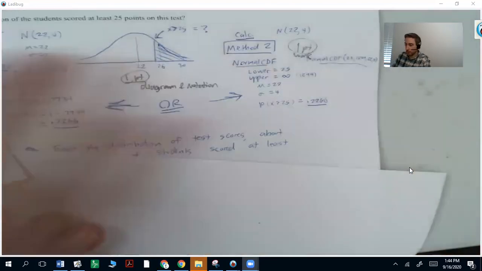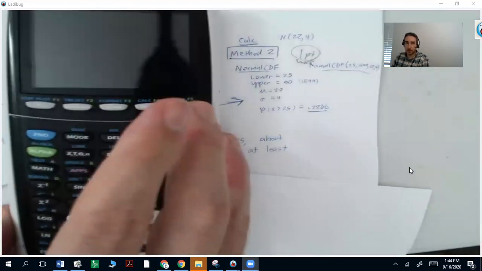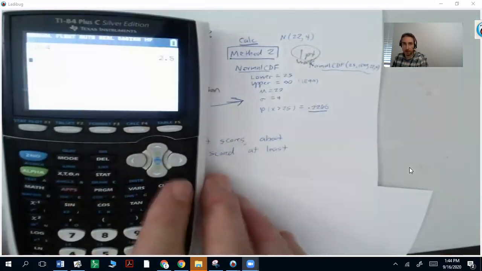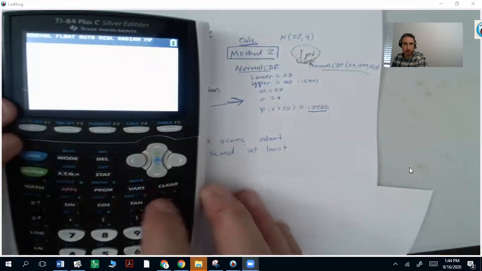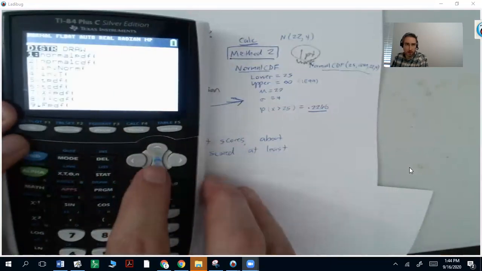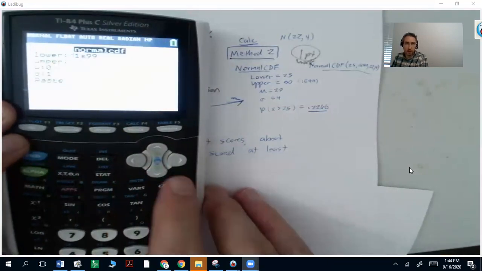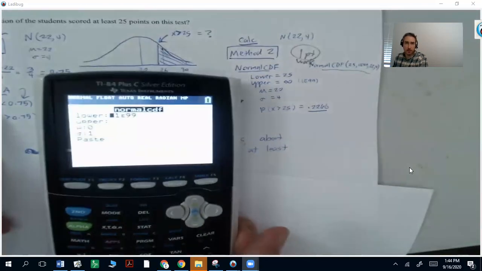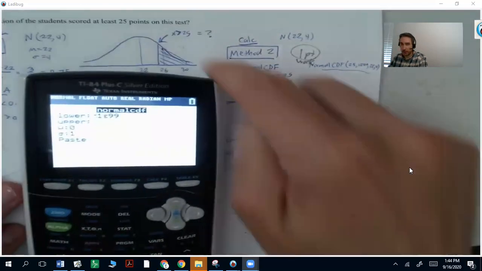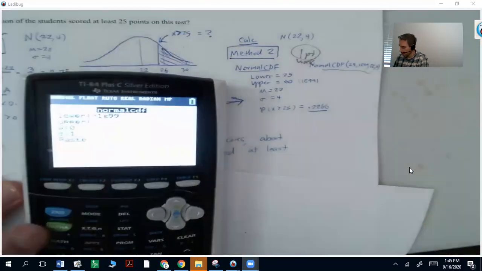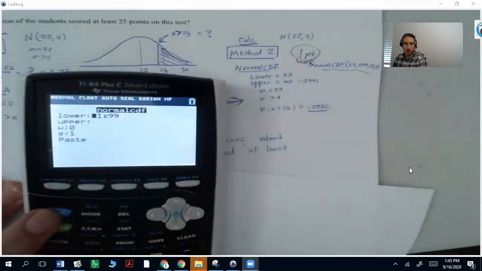The other method is the method I typically use, and I use Normalcdf in the calculator. So I'll do second vars, Normalcdf. And you gotta know what to input. Since it's being shaded above, you want your lower value to be that cutoff point, so 25.